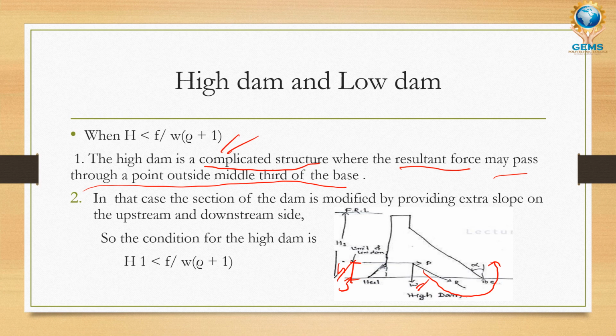If this W acts outside h by 3, as the curvy arrow shows, it is represented as a high dam. So for a high dam the condition is h1 less than F by W into rho plus 1. This force is going to extend up to h1.